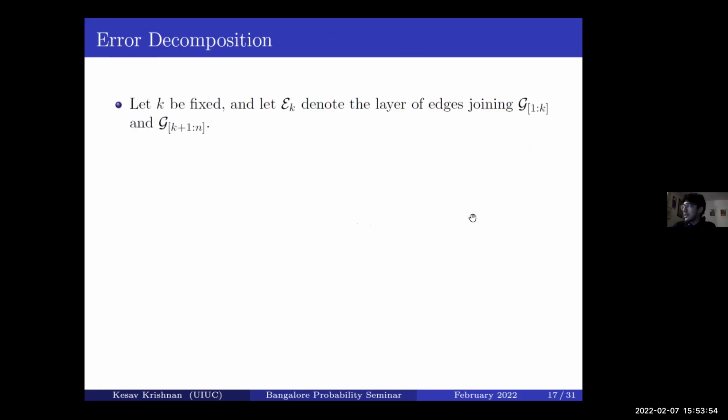So the error decomposition is going to follow a bit like this. Let K be fixed, and K denotes a vertex on the underlying line graph.